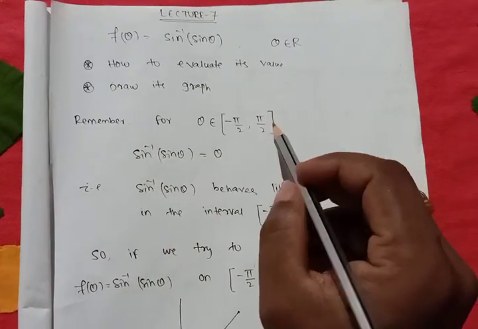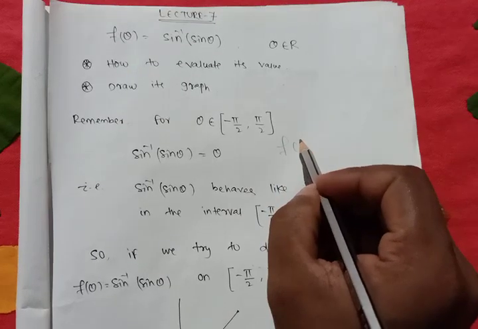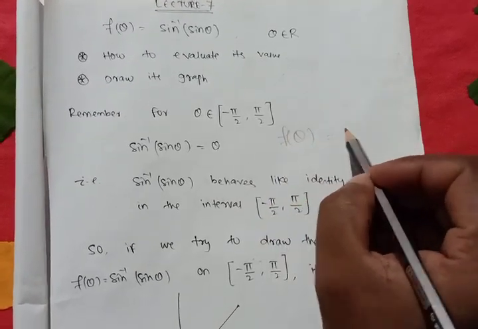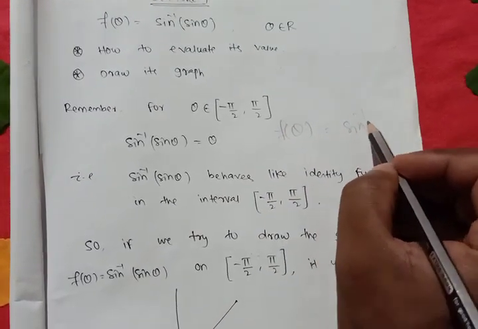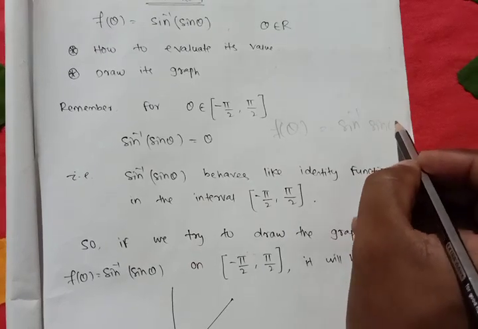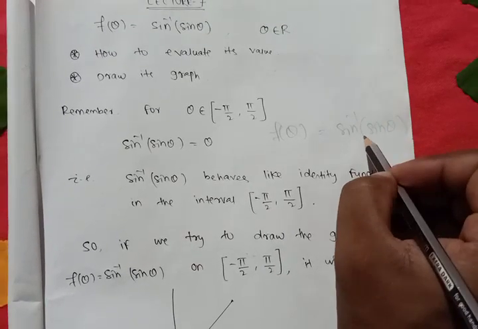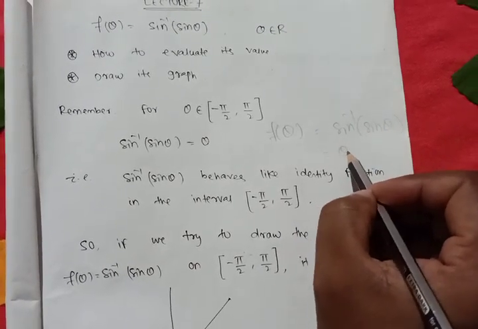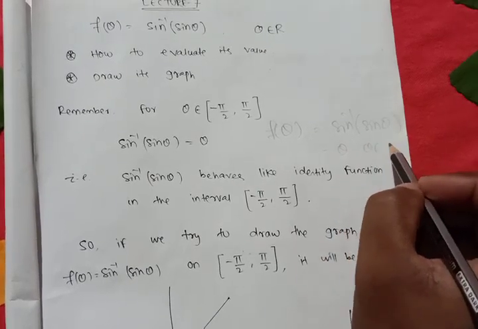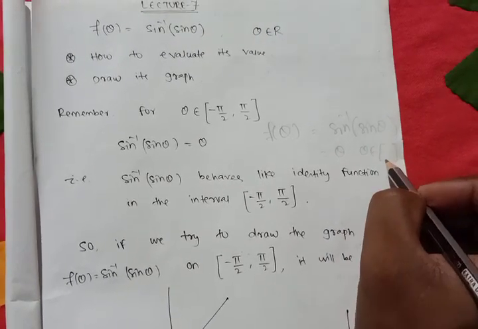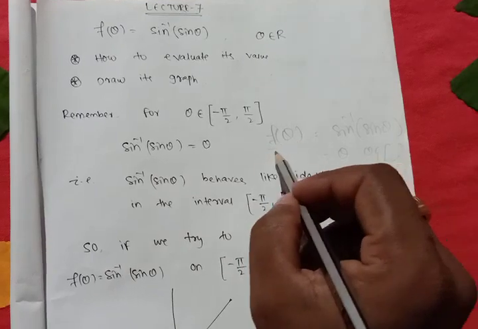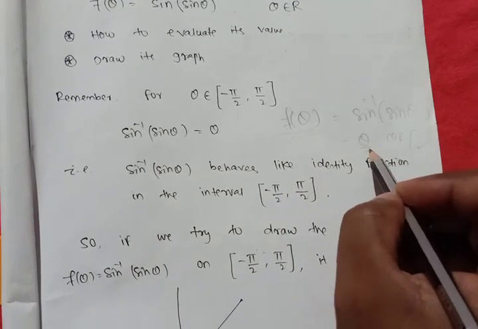So if we take f of theta equal to sine inverse of sine theta, this is equal to theta if theta belongs to the principal value branch. We get f of theta is equal to theta.